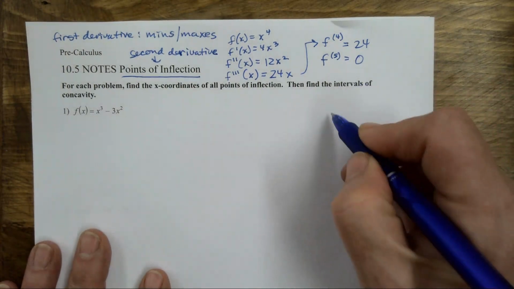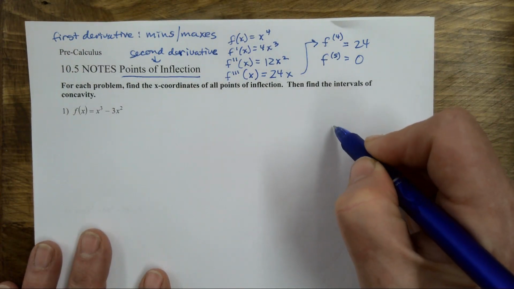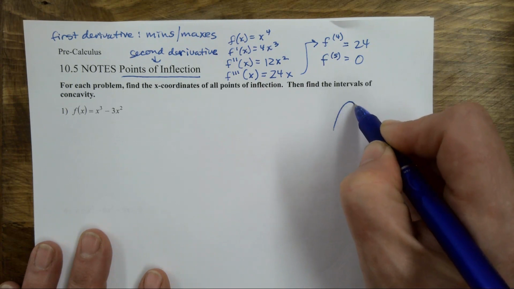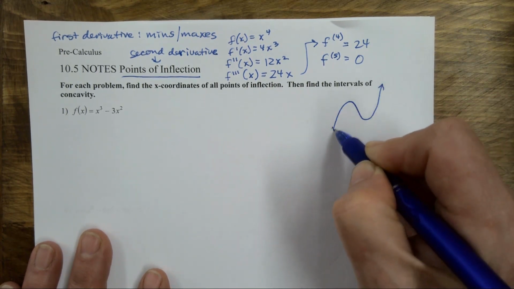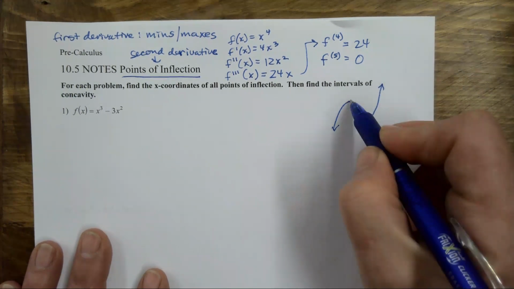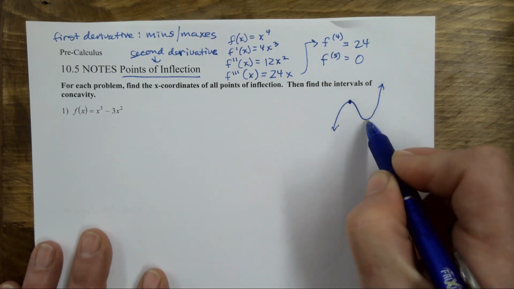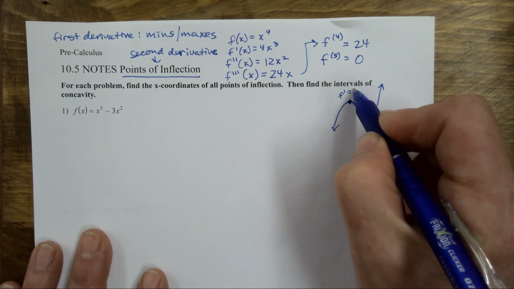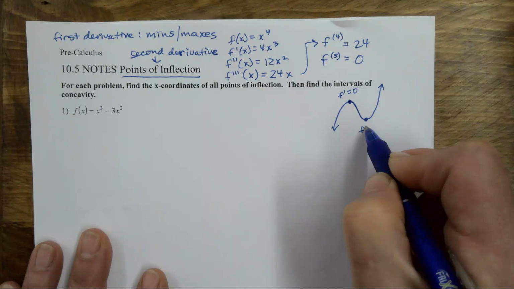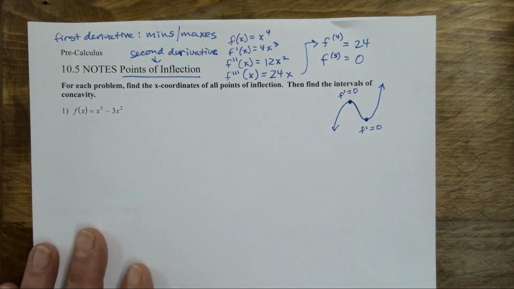If I have a third powered function, here's my cubed function. And right at this tippy top and this low point here, that's where the first derivative equals 0. Okay?